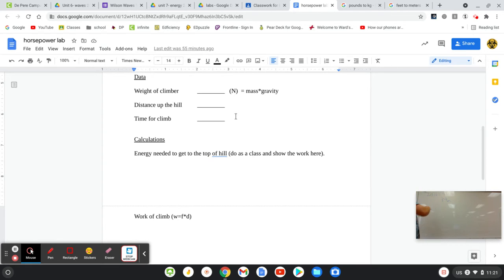So I have a mass, I have a height, and I know what gravity is. So potential energy equals mgh, which means that my potential energy, or energy to get up the hill, is going to be 97.5 kilograms times 9.8 meters per second squared times 3.9 meters. Grab my handy dandy calculator here.